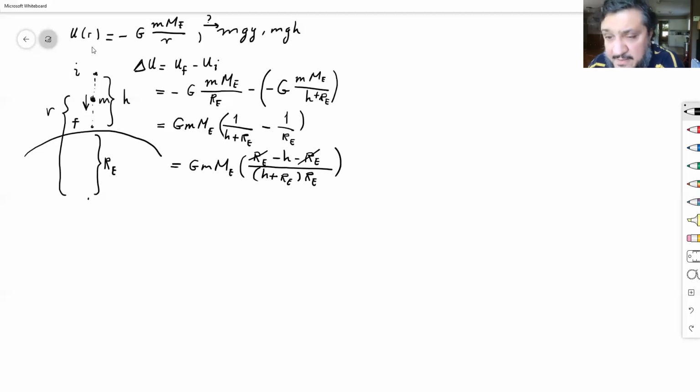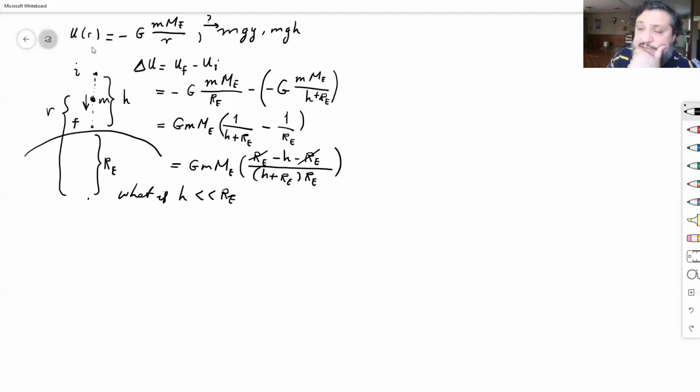Now what if H is really small compared to the radius of the Earth? In that case, since you have this summation here, H plus RE will be RE. That's our approximation, all right?